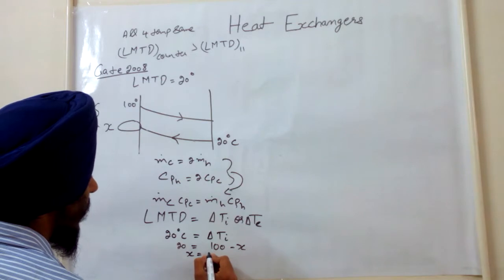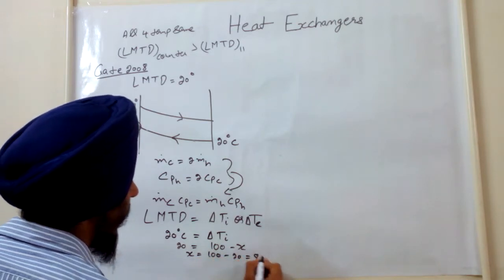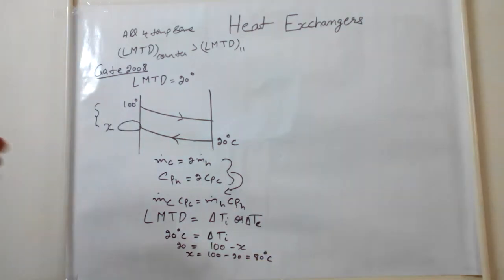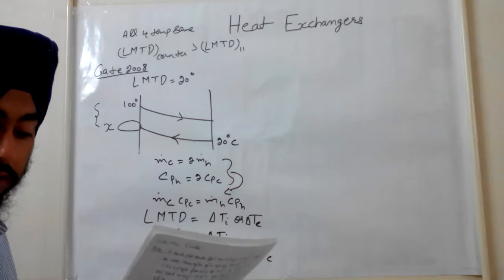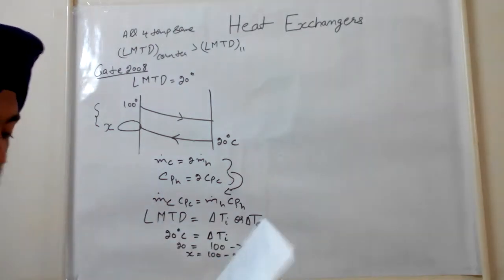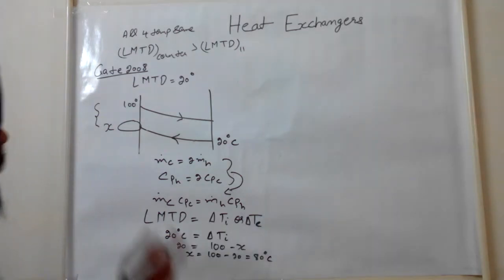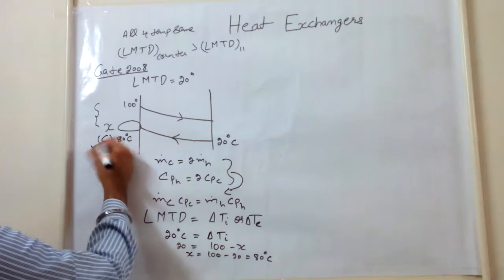X is equal to 100 minus 20 which is equal to 80 degrees Celsius. So we have found out the exit temperature of cold fluid is 80 degrees Celsius, which is one of the options, that is the C option.